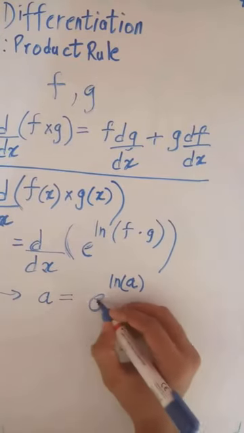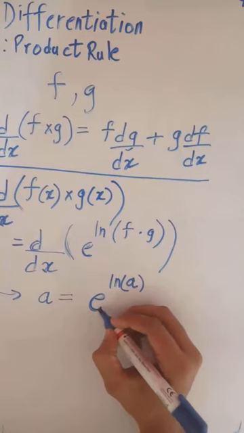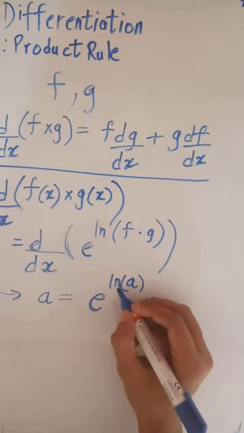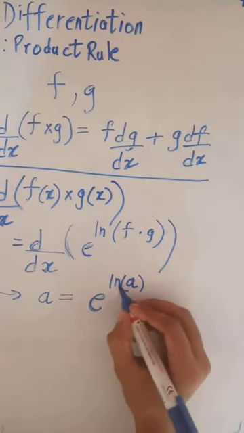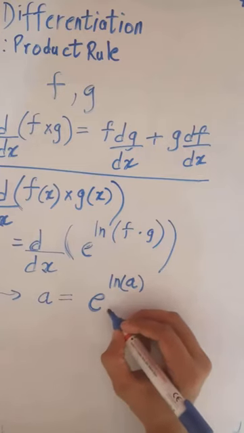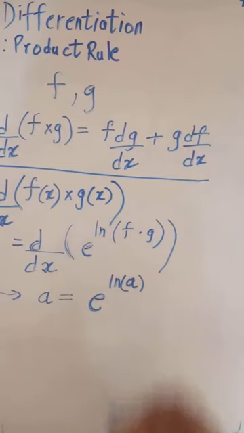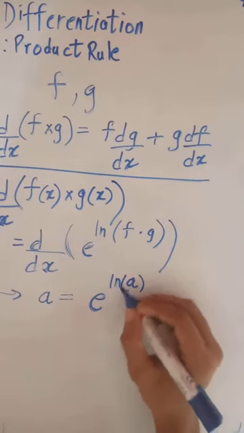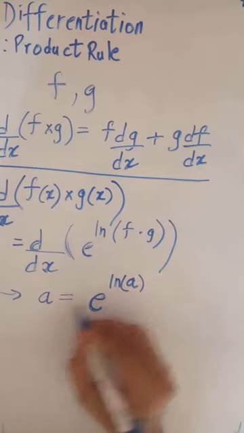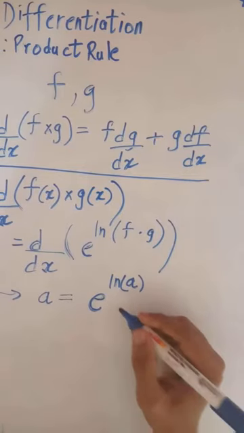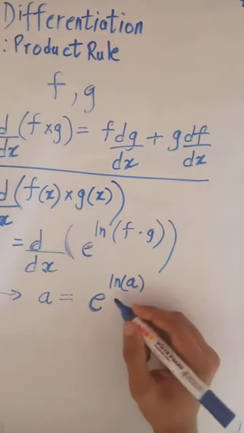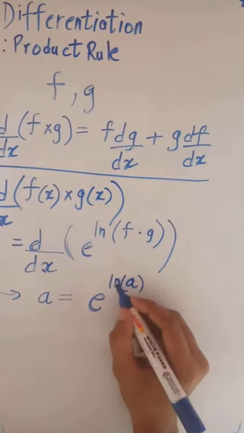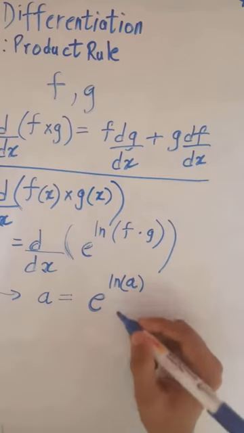Because the exponential function and the logarithmic function, so here I am using the natural log, are inverses of each other. So basically it's like adding 10 and subtracting 10 from the number will give you the number. In fact, the natural log is defined to be the inverse of the exponential function.